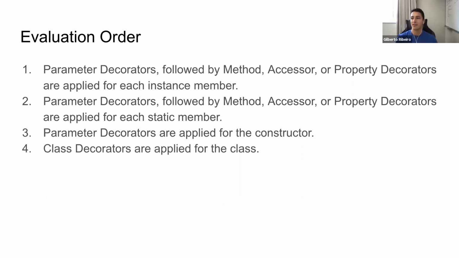After that, you have the decorators for the constructor, and then the class decorators. So the class is the last, at least this is the pattern that you can follow on the top of your mind. The class is the last. The decorators within the class are method, accessor, and property, first for instance, and then for the static members.